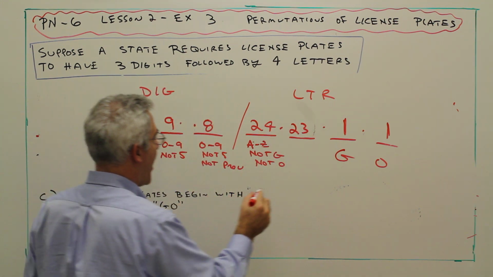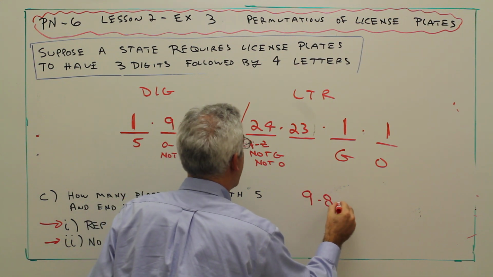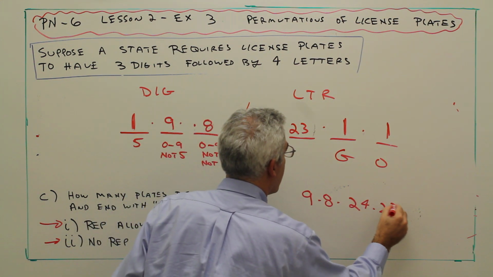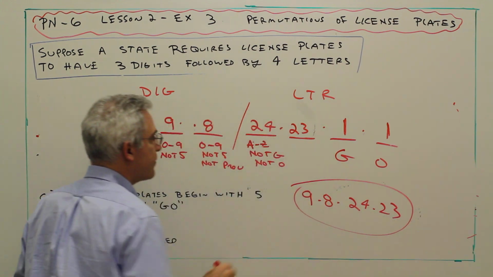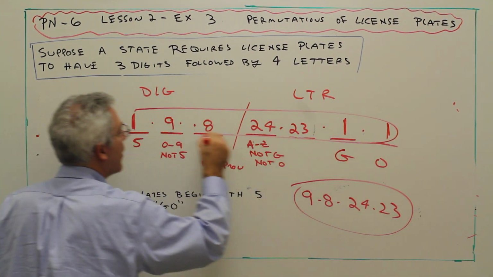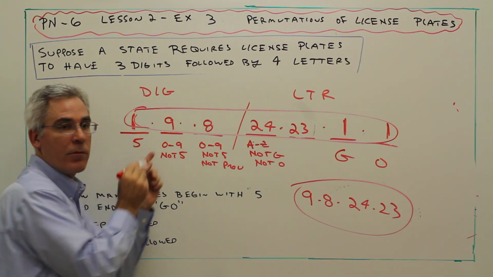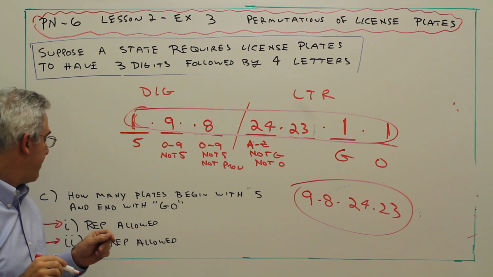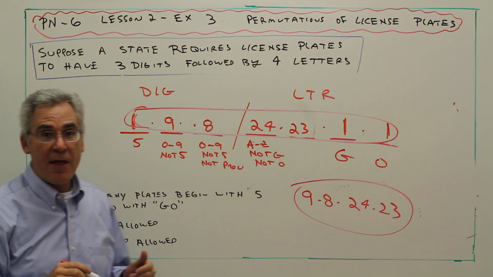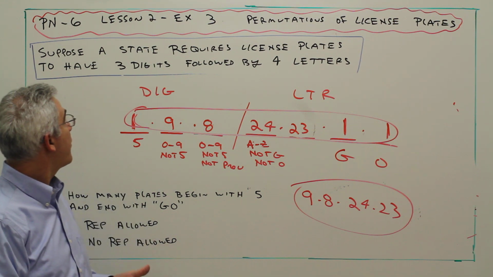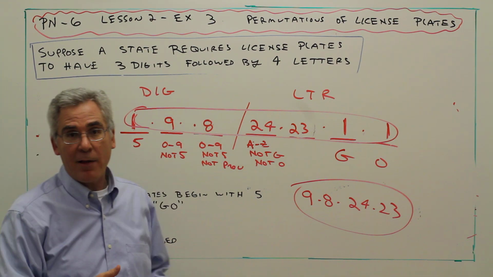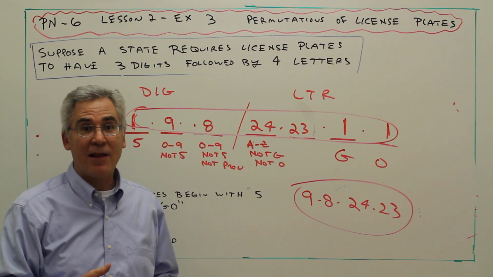So if I simplify my answer, it's just 9 times 8 times 24 times 23. Again, this is the conceptual way of solving the problem. Okay, and there you have it, how to solve problems involving permutations and license plates.